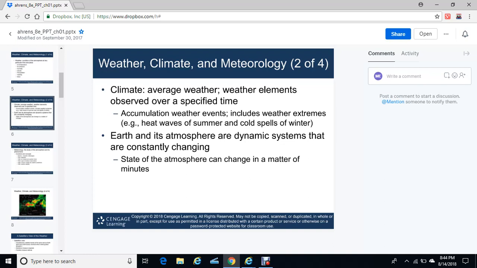Earth and its atmosphere are dynamic systems that are constantly changing. That's one thing you definitely want to keep in mind throughout the course. The weather is always changing in the mid-latitudes. The state of the atmosphere can change in a matter of minutes.